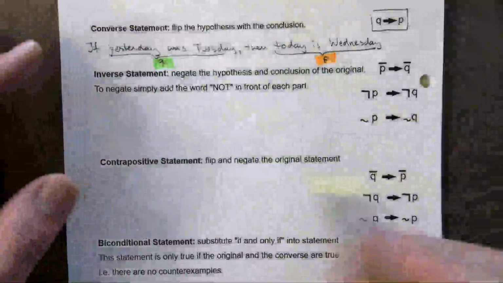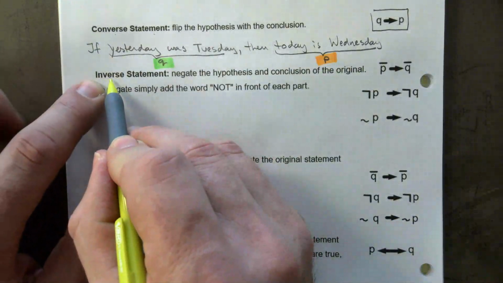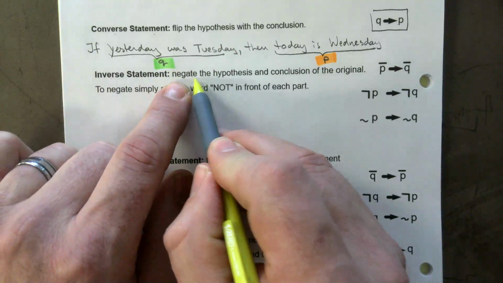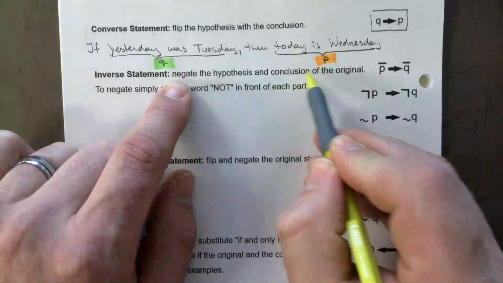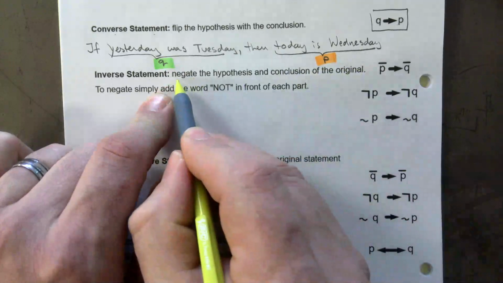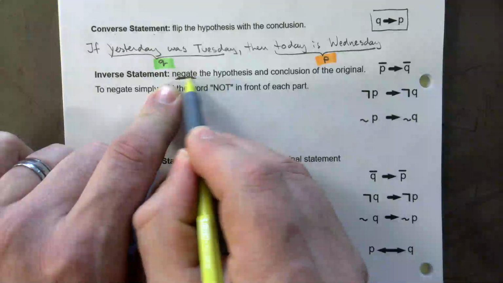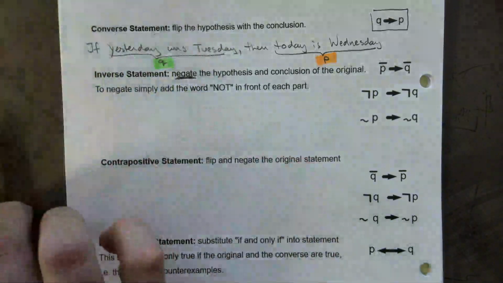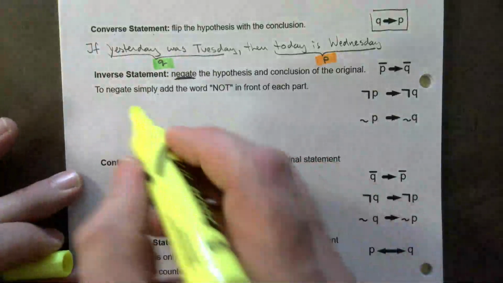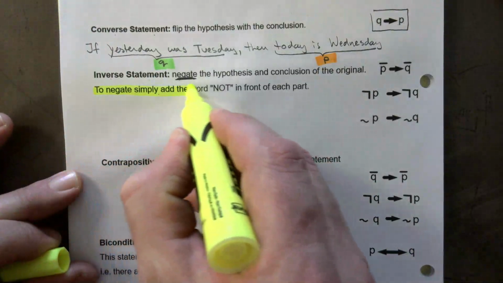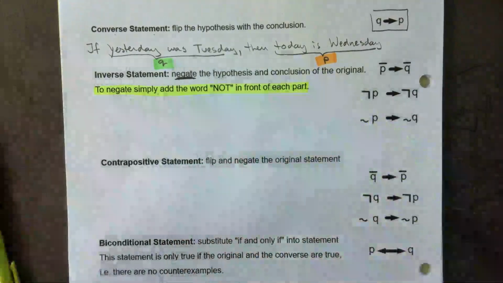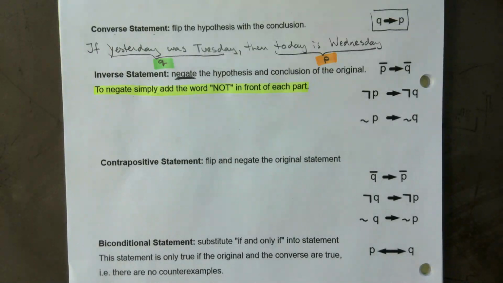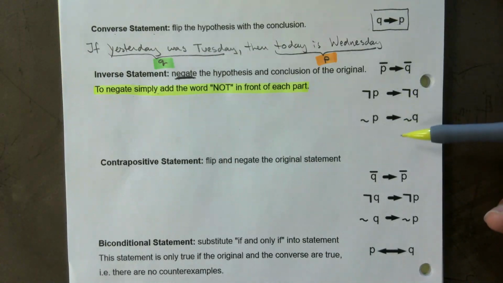Keep going. The next one is what we call the inverse statement. We negate the hypothesis and the conclusion of the original. There's the word negate. We're saying no to it. So to negate, simply add the word not in front of each part. And I'm upset about all these different versions of this.